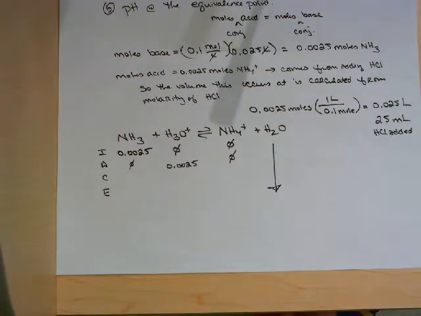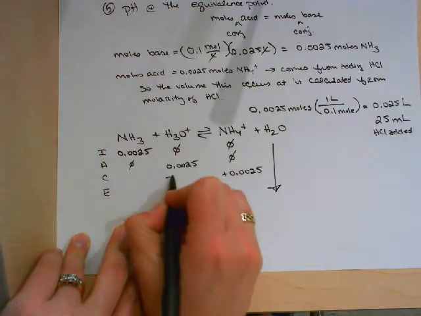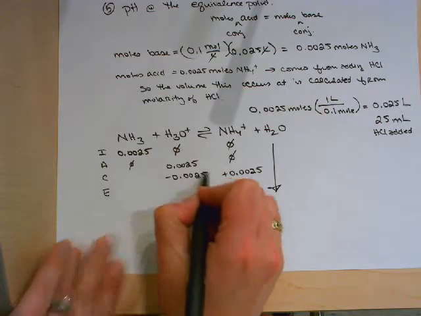Where do I add? Do I add to products or to reactants? Products, right? I'm going to add, and subtract off of this side.